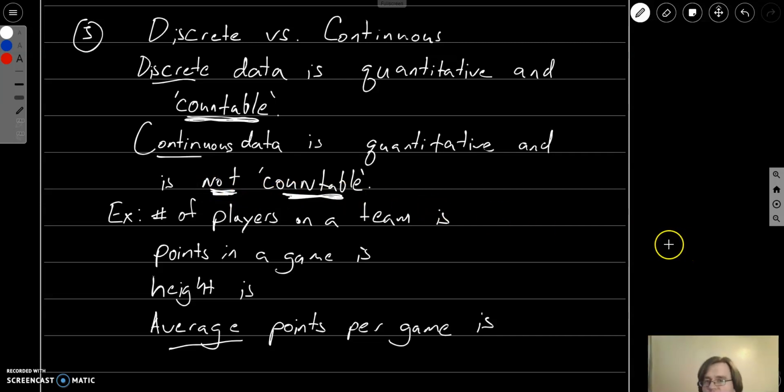I think one of the best ways to see this is to look at a couple of examples. For instance, if we were to look at the number of players on a team, we would essentially count how many players there are. So we are counting something, so this is going to be discrete. And likewise, points scored in a game is also going to be discrete.